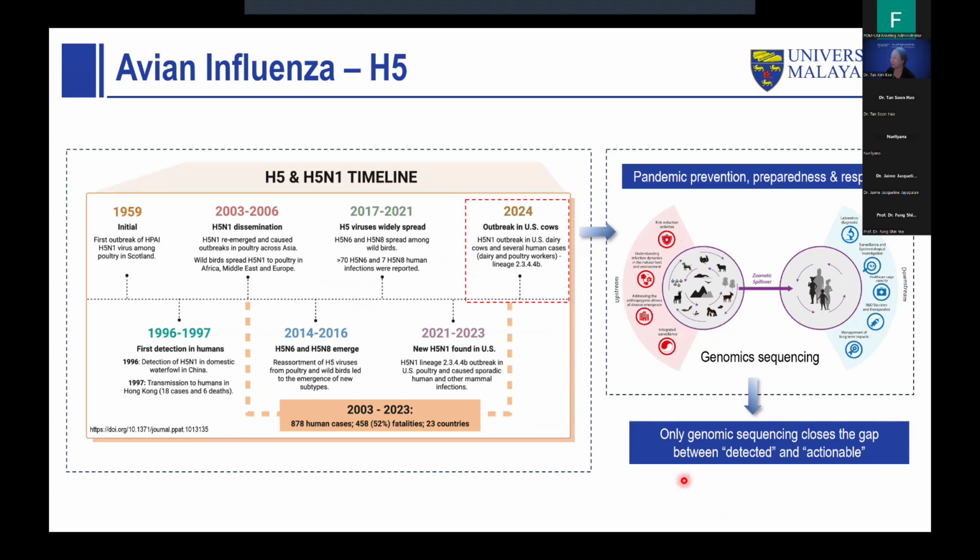Over 20 years, it has caused more than 800 human infections in 23 countries. But over the past years, since 2024, we have seen this H5N1 clade 2.3.4.4b in US dairy cattle, and it also infects poultry as well as farm workers.